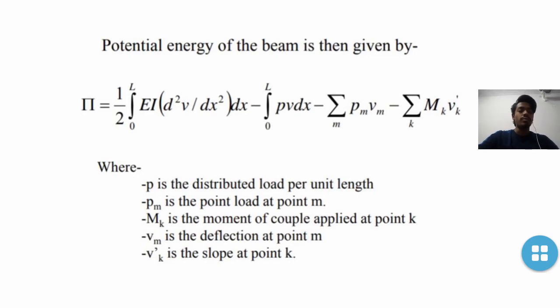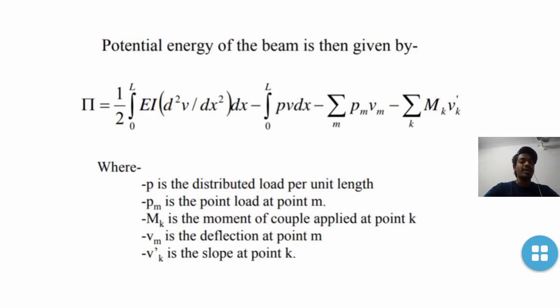The potential energy of the beam is given as pi equals half integration 0 to L EI into d square v by dx square into dx, minus integration 0 to L pv dx, minus summation Pm vm, minus summation Mk v dash k.